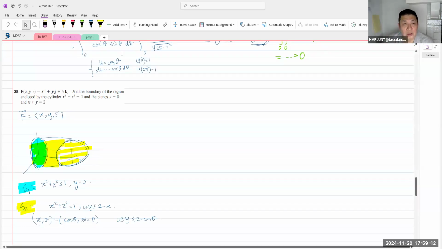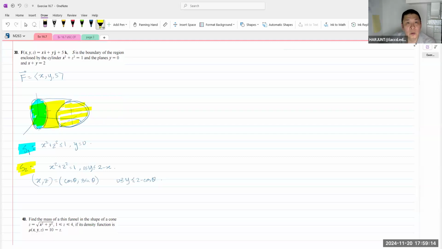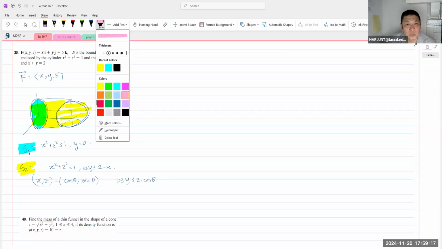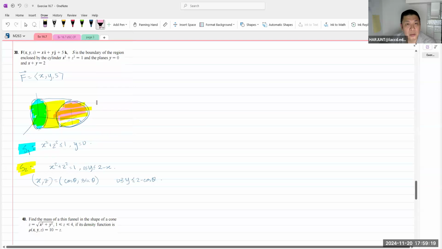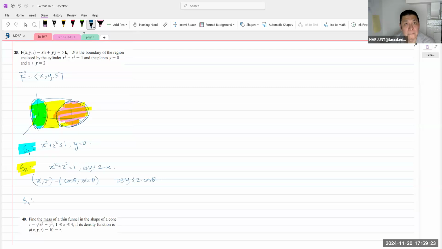Now the third surface, this one here, is the slanted one. That's the surface where x squared plus z squared is less than or equal to 1, but x plus y equals 2.